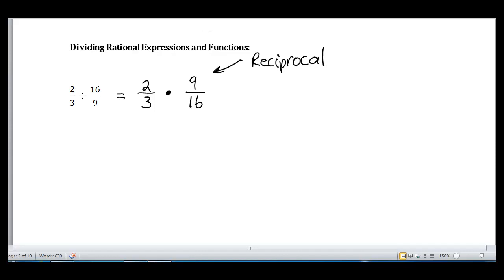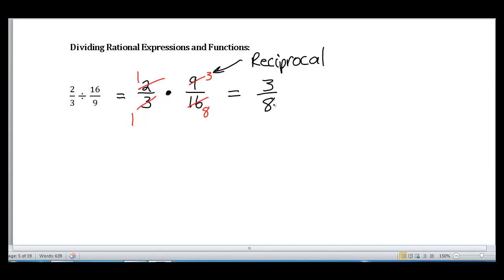All right. Now that we have this, this is now a multiplication problem. So we would carry on just as if this was a multiplication problem. We look at 3 and 9, they have a common factor of 3. We look at 2 and 16, they have a common factor of 2. Once we have those common factors canceled, we can multiply across. Our solution will be 3/8.